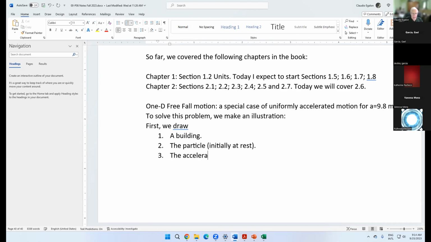The acceleration, I'm gonna put that vector, right? The direction of the acceleration of the particle.